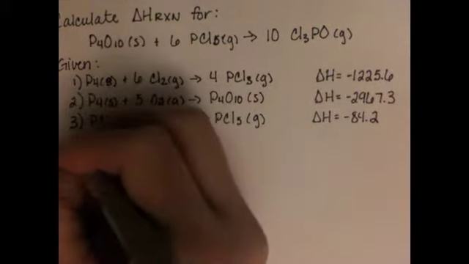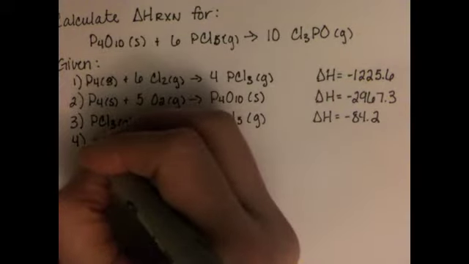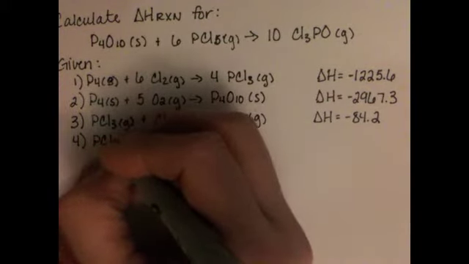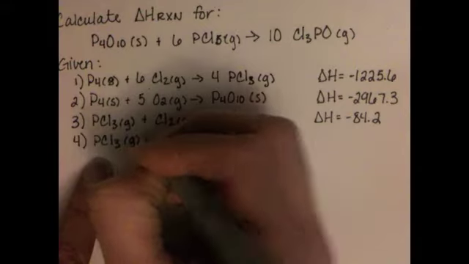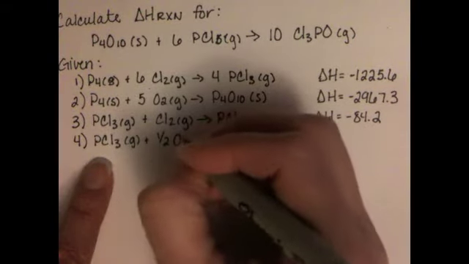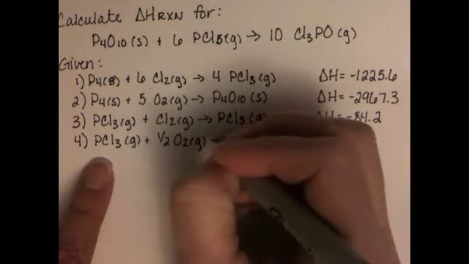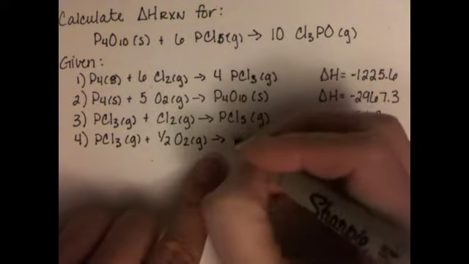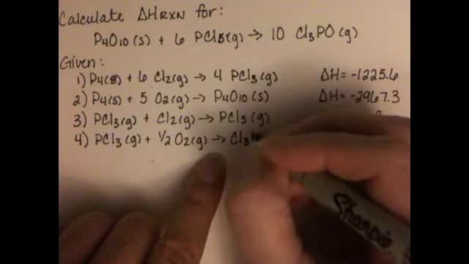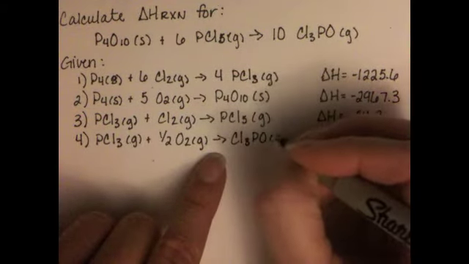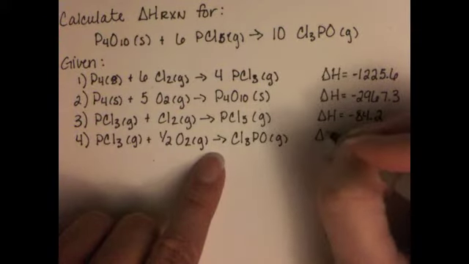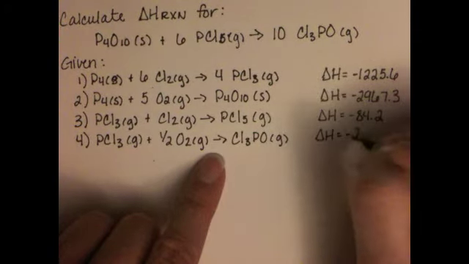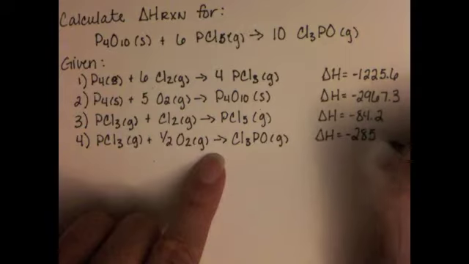And last but not least, equation number 4, PCl3 gas plus 1/2 O2 gas produces Cl3PO gas. And that delta H is negative 285.7.